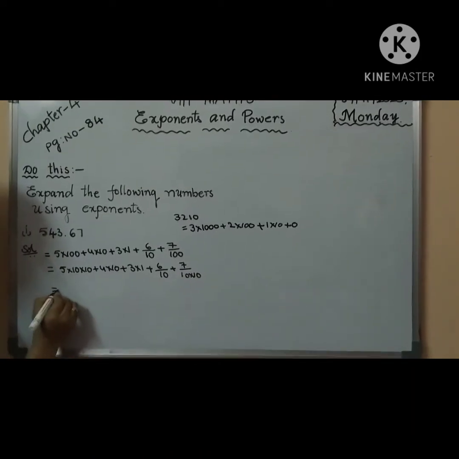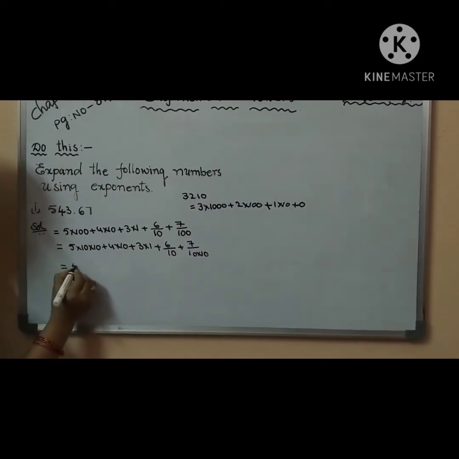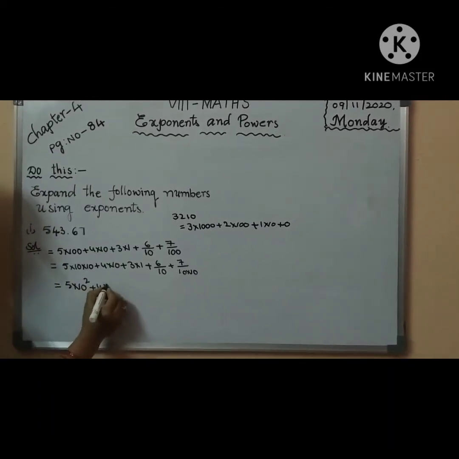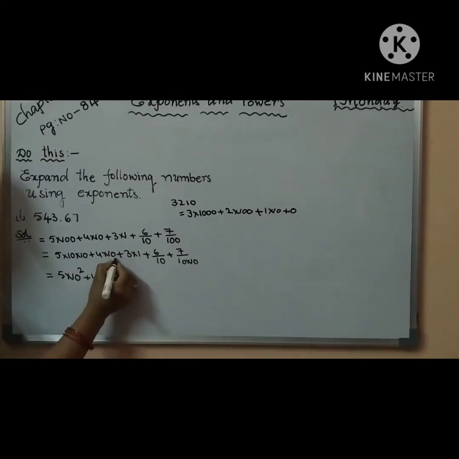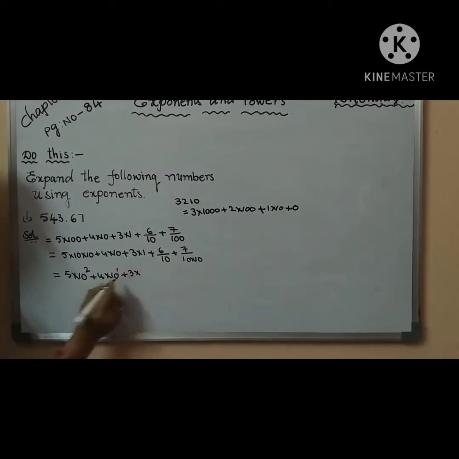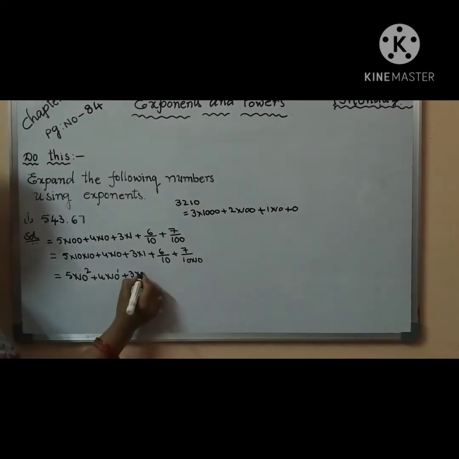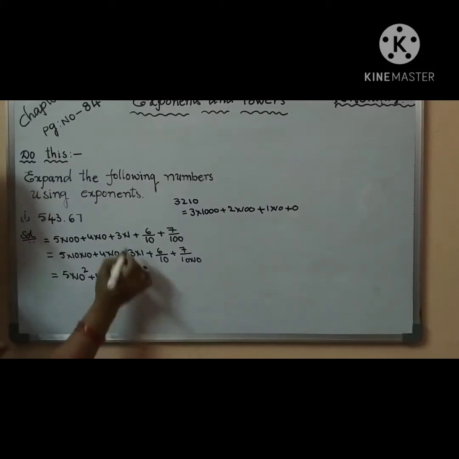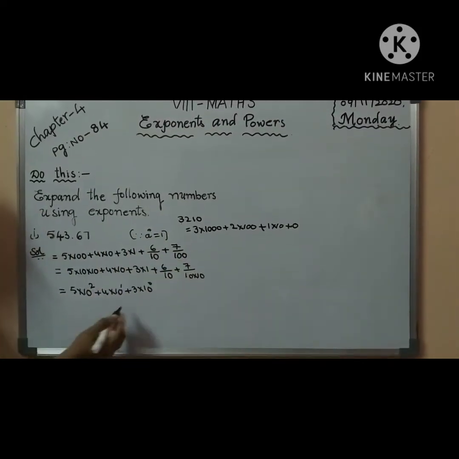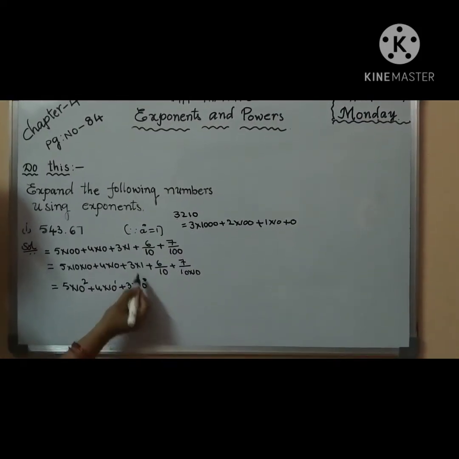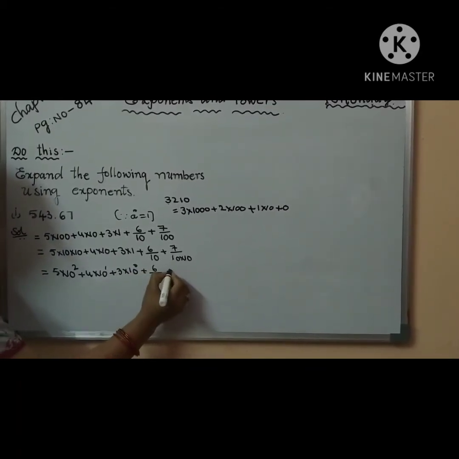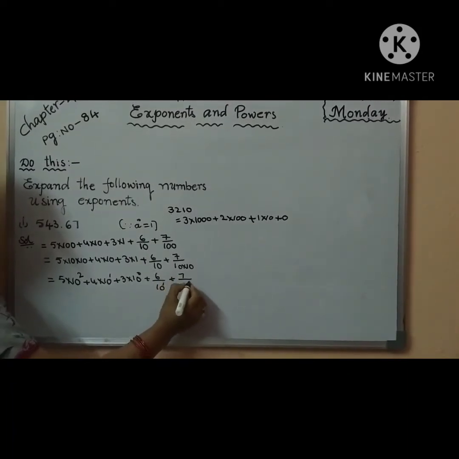Here we write 10 how many times? 2 times. We should write 5 into 10 power 2 plus 4 into 10 power 1, plus 3 into 10 power 0, since a power 0 is equal to 1. So 10 power 0 equals 1, and 3 into 1 is 3, plus 6 by 10 power 1 plus 7 by 10 power 2.